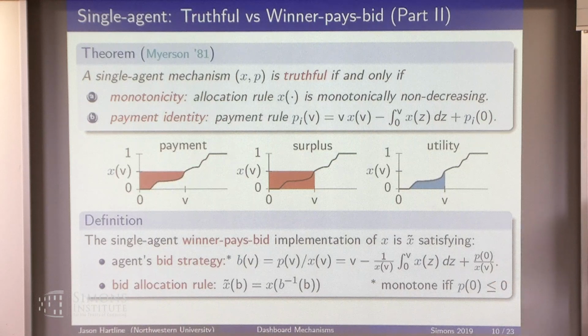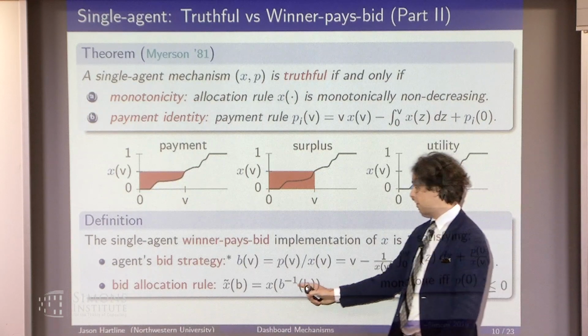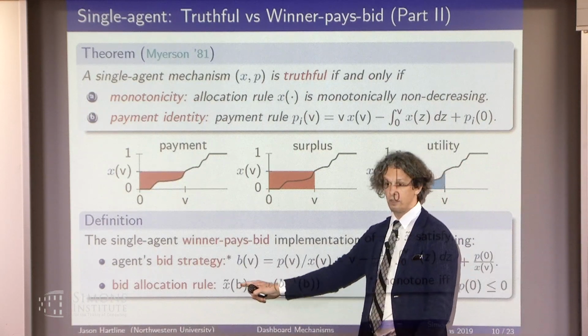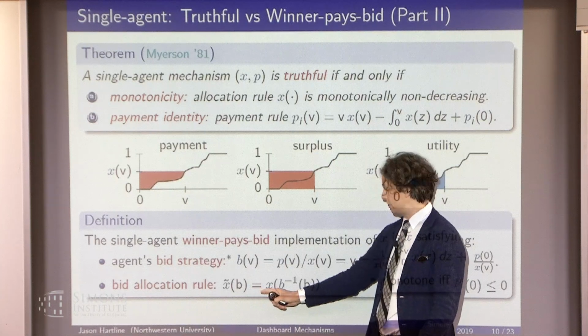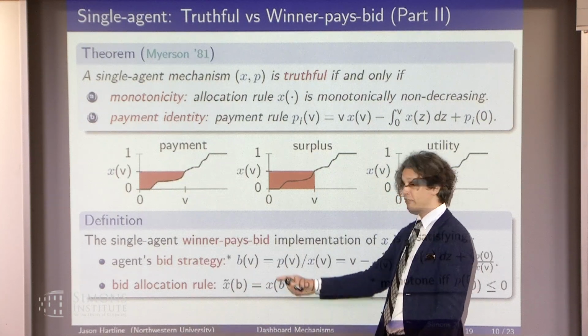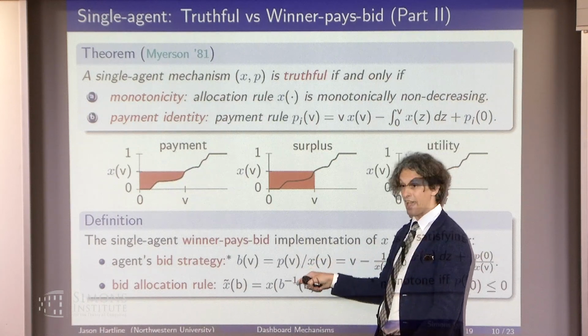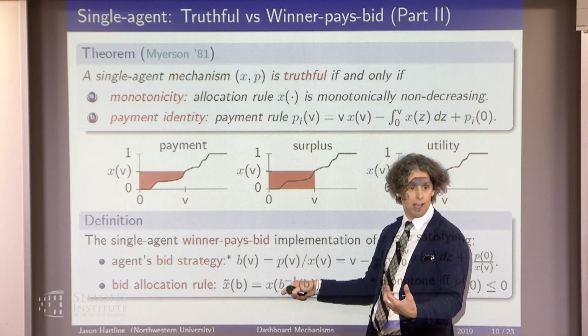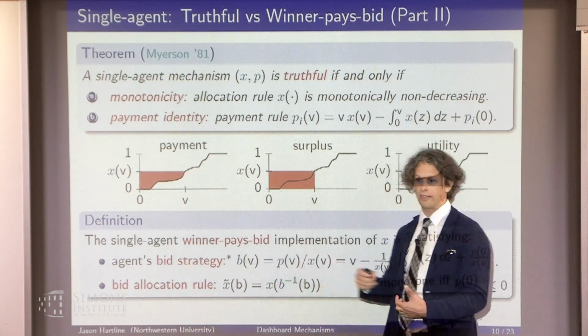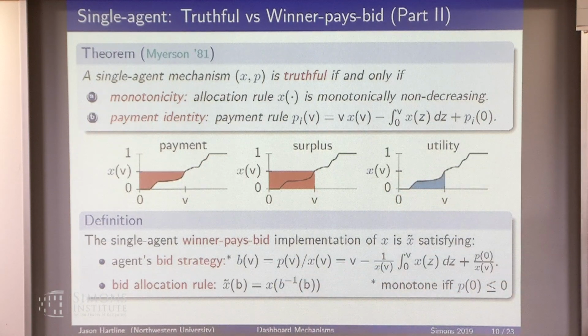And as long as this bid function is invertible, that is, monotonic, I can just invert it and put it into x. So x tilde of b, my winner-pays-bid rule, is: take my bid, invert it with the bid function, which has to be the only bid function that works here, and plug that into x, the engineer's allocation algorithm, and I get the thing I want.